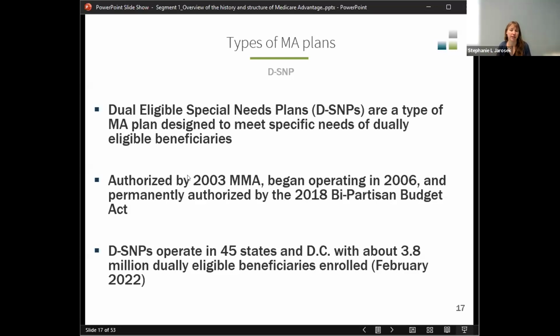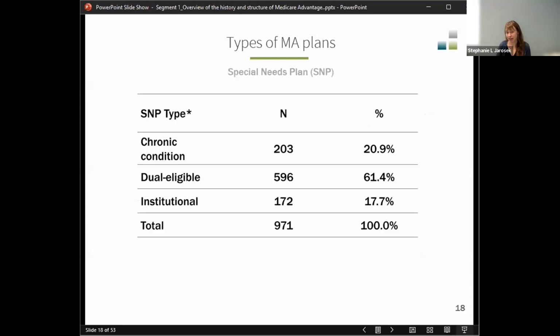These started in 2006 and were permanently authorized in 2018. They operate in 45 states, and 3.8 million dually eligible beneficiaries are enrolled. But they're not the only kind of special needs plans. There are also special needs plans that are condition specific, so maybe they're for patients with diabetes.